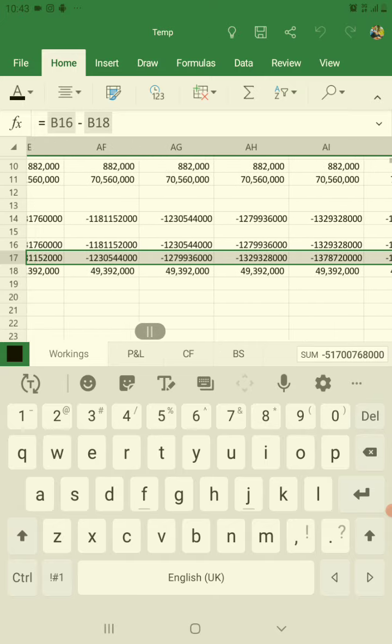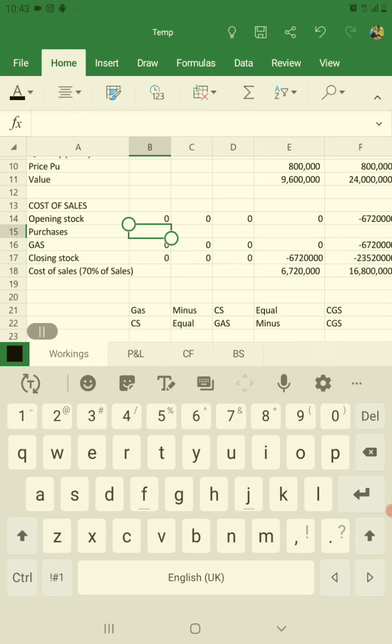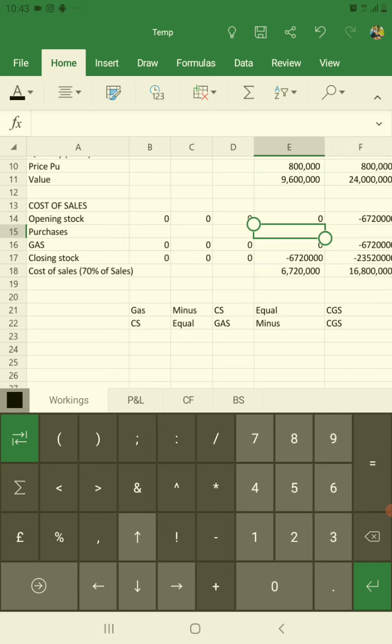Then after doing that, I come to the purchases now, okay? So far, the assumption we have is all purchases are sold in the same month.